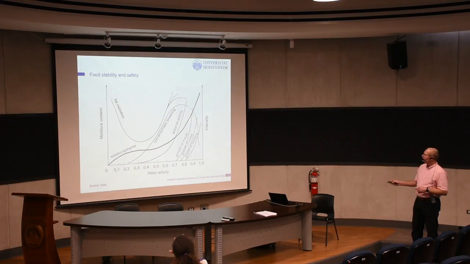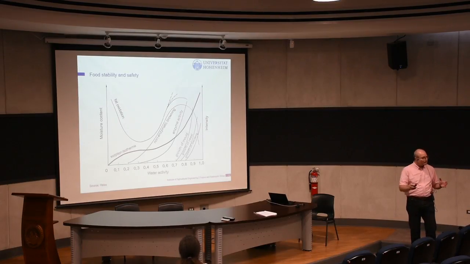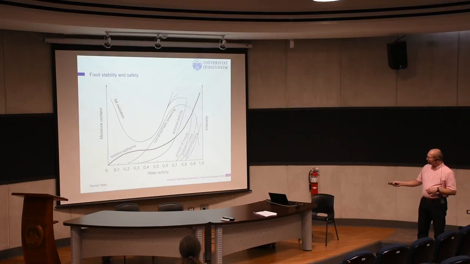And then we see also other curves: the intensity of growth of bacteria, yeast, mold, the enzyme activity of the product, the non-enzymatic browning reactions of a product, and then we have also fat oxidation of a product. You see funny curves, and all of them depend on the water activity of a product.